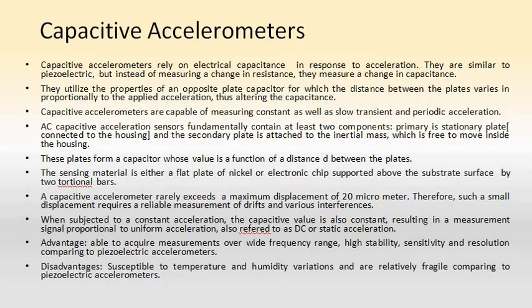These accelerometers utilize the properties of a parallel plate capacitor, in which the distance between the two plates of the capacitor will vary in proportion to the input acceleration or vibration, and in proportion to that the capacitance of the capacitor will get varied. That is, the variation in capacitance will be proportional to the vibration or the input acceleration, and this variable is used in a circuit to ultimately deliver a voltage signal.